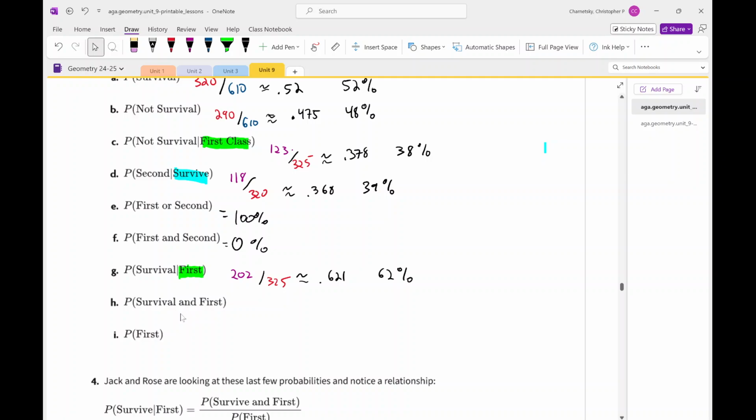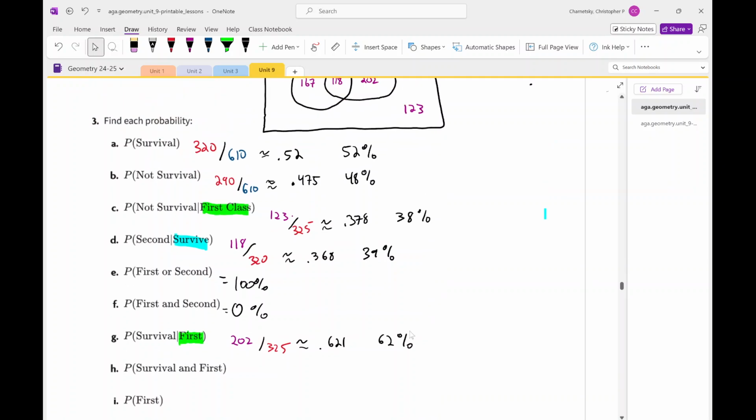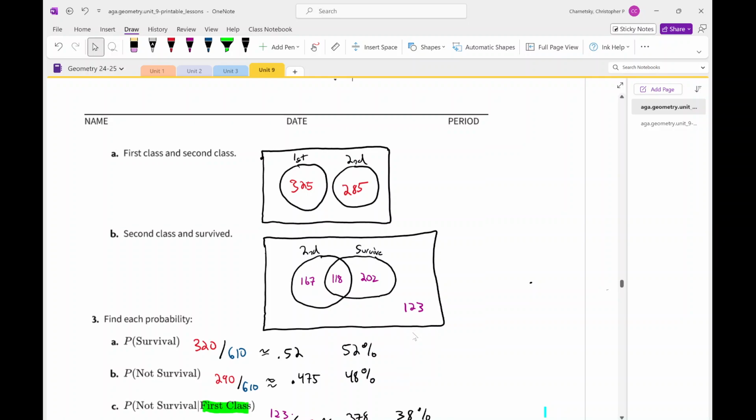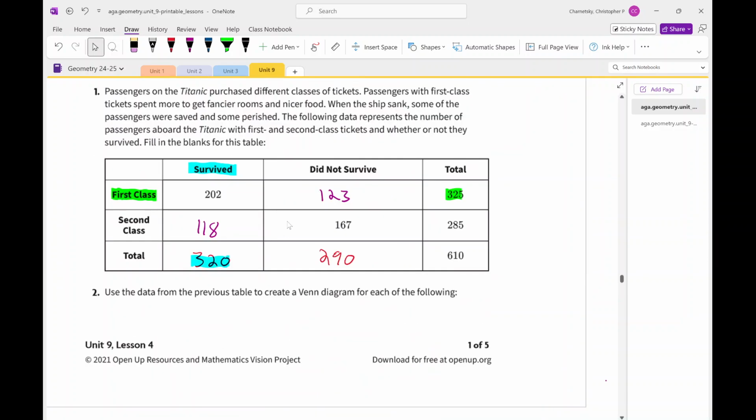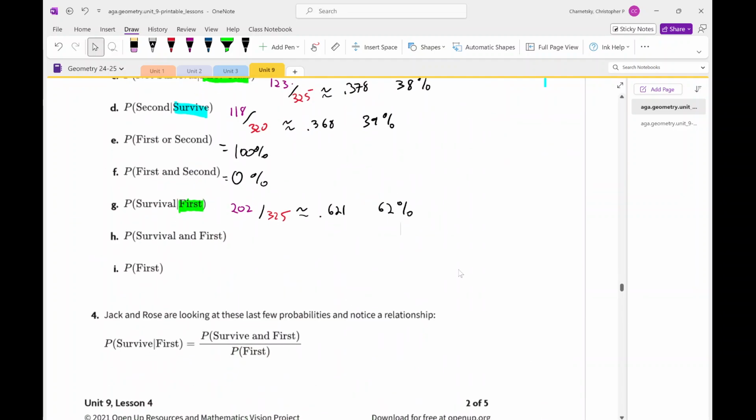For H, it's a little bit different. It's asking survival and first. That means out of everybody. How many survived or were first class survivors? So first class and survive would be 202, but it'll be out of 610. And that's approximately 0.331 or 33%.